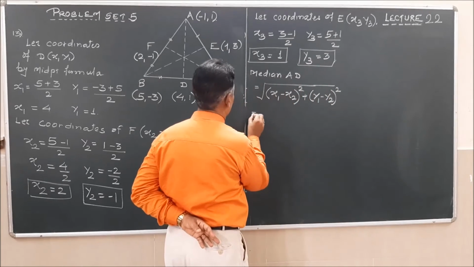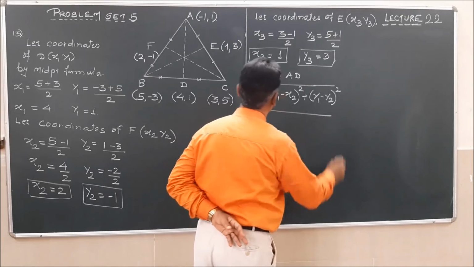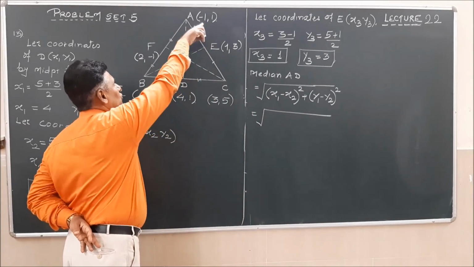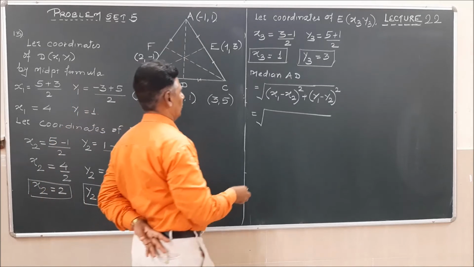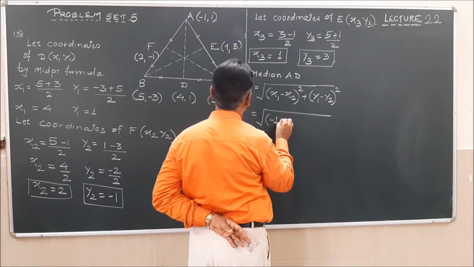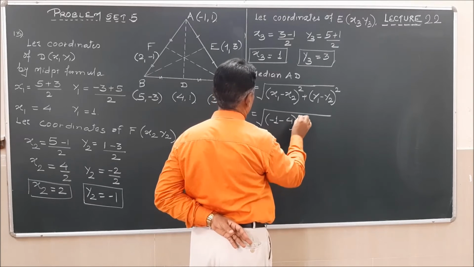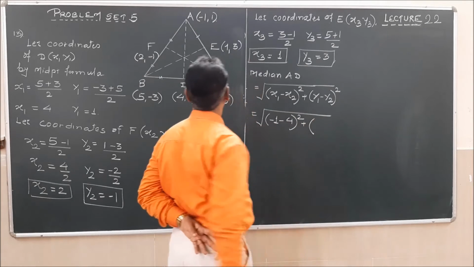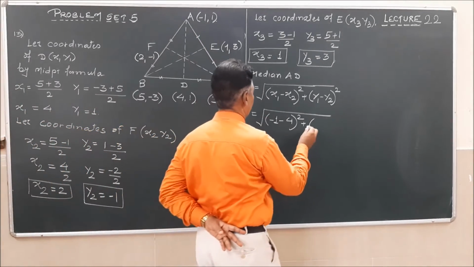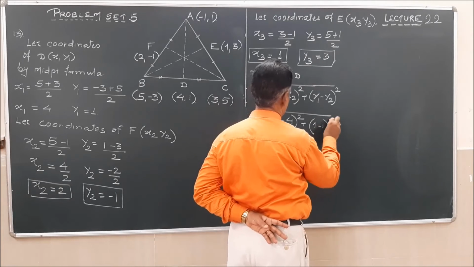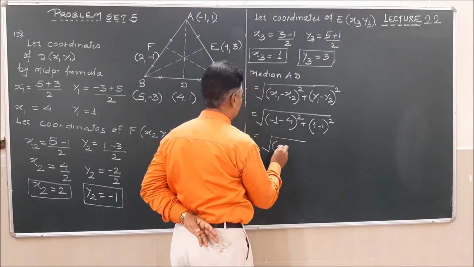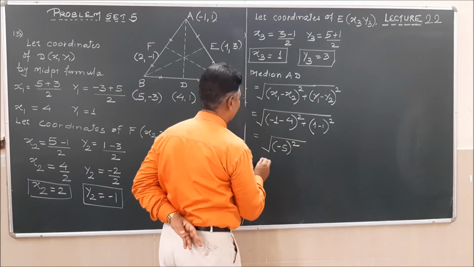Now let's substitute the values. AD, see here. So minus 1 minus 4, the whole square, plus 1 minus 1, that will give you, of course, minus 5 square.